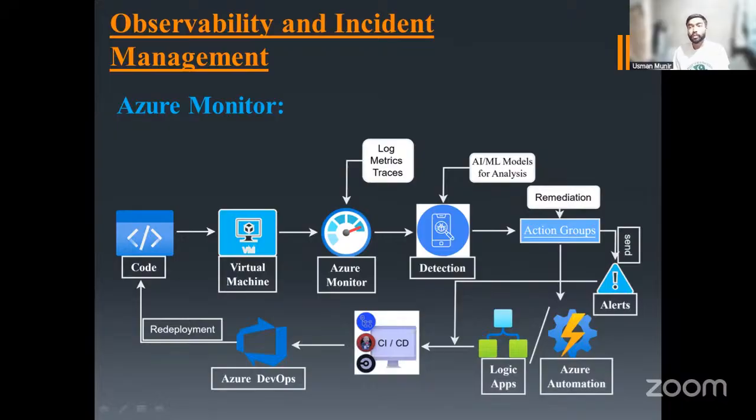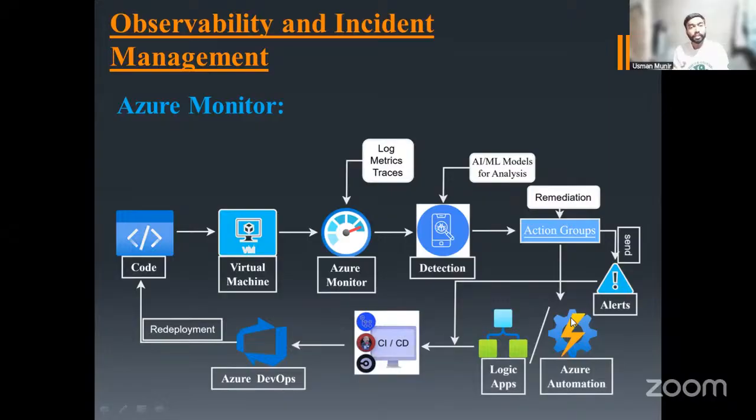Machine learning models automatically analyze potential incidents in real time. We will use AI/ML models for analysis, and when these models detect any anomaly or misbehavior, they trigger an action group, which helps in the remediation function or sends an alert to Azure Automation or Logic Apps.